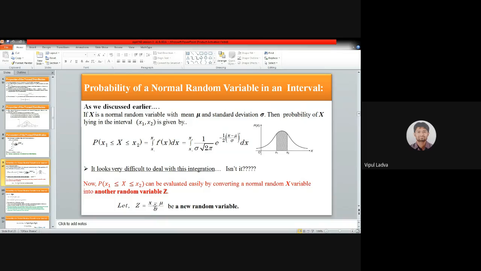And for the standard normal variate, we have a standard normal table. That table can help us find the probability in any given interval. So that we are going to do in today's session.